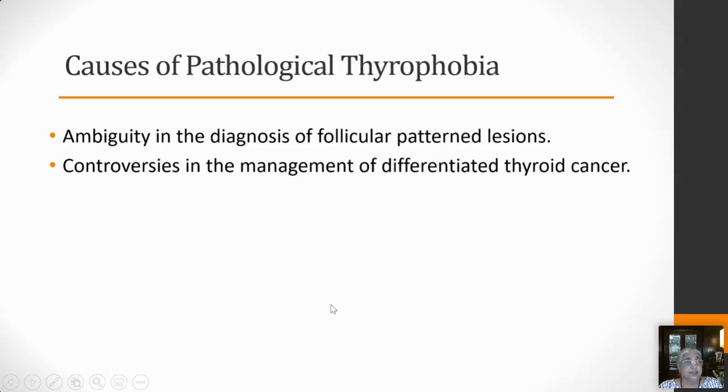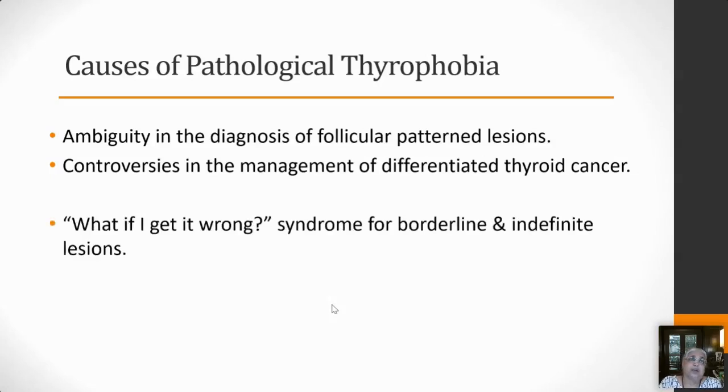But worse still, there were controversies in the management of differentiated thyroid carcinoma. So you couldn't really get even the surgeons to agree on how they should manage cases that pathologists called differentiated thyroid carcinoma. And this led to what I call the "what if I get it wrong" syndrome?